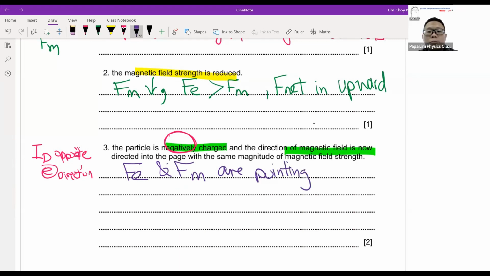And as a result, your net force, same as the previous one, on the charge will be a downward force, causing the deflection.